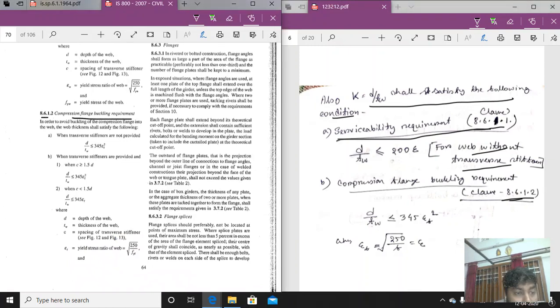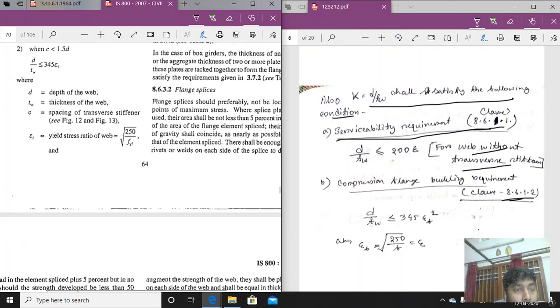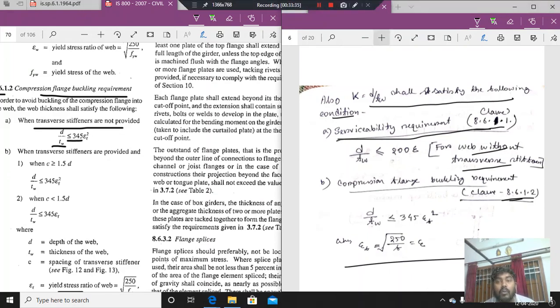When transverse stiffeners are not provided, d by tw should be less than or equal to 345 epsilon f square, if we zoom in. Epsilon f means the same value, squared. So it should be less than that value. This criteria applies if transverse stiffeners are not used.